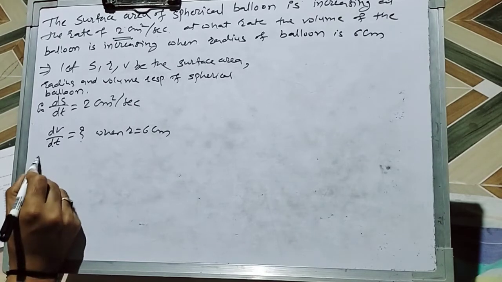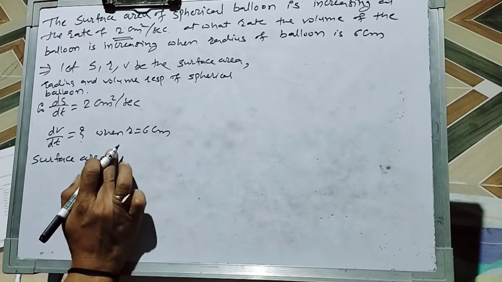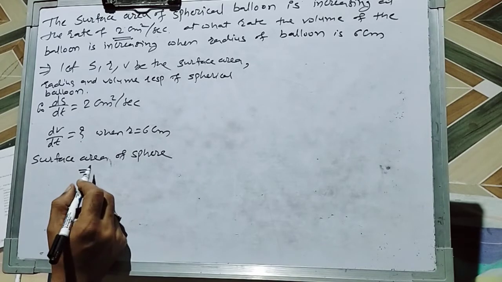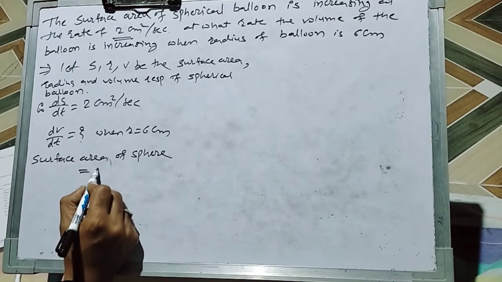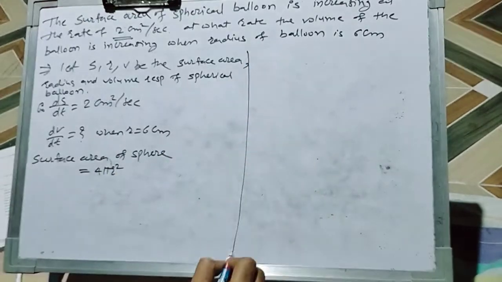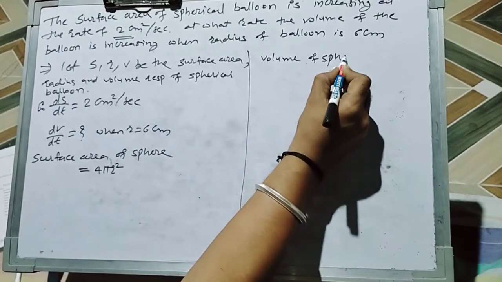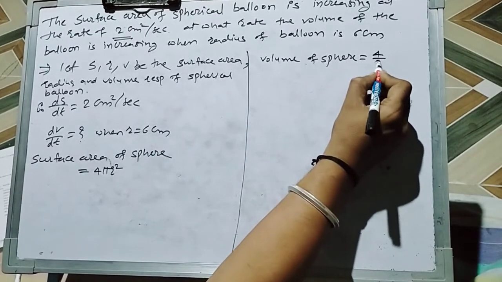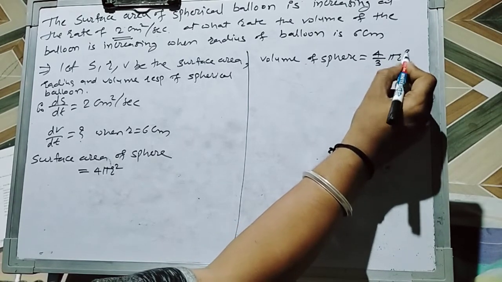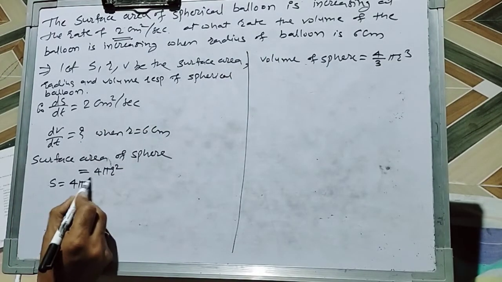We know the surface area of a sphere is equal to 4 pi r square, and the volume of a sphere is equal to 4 by 3 pi r cube. So therefore here S is equal to 4 pi r square.